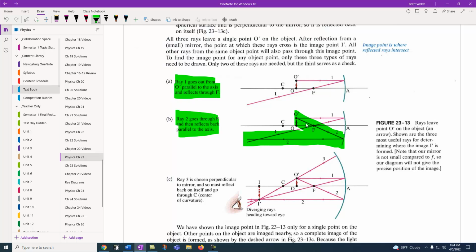The second one is through the focus and bounces off parallel. The third one is our way of confirming that we haven't messed this up, and we do that by connecting the center of curvature with the top of our object.